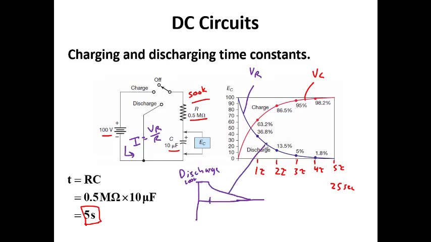It basically would be equivalent to this graph. They would look exactly the same. And it would take 25 seconds for the capacitor to discharge once we put it on discharge. We're not going to deal with these too much for this class, but there are math formulas that we could use to figure out how long it takes to get to a certain voltage across the capacitor.